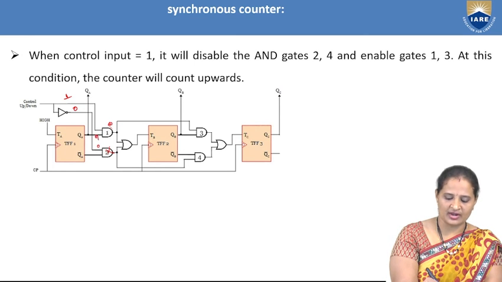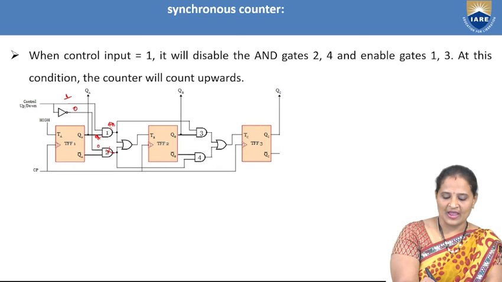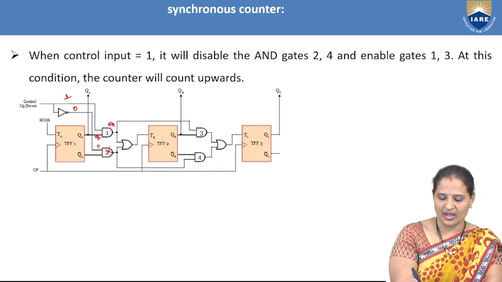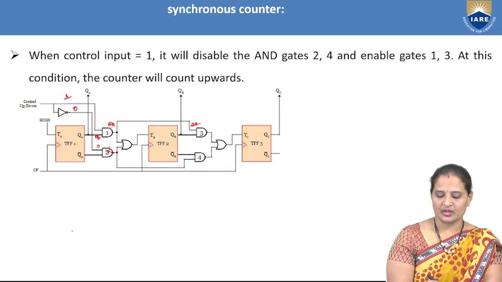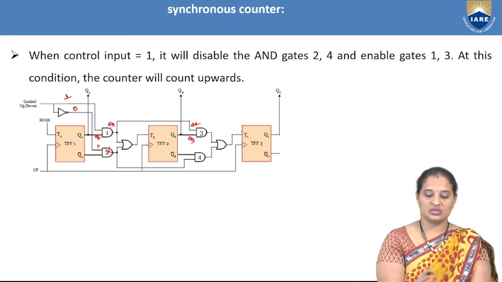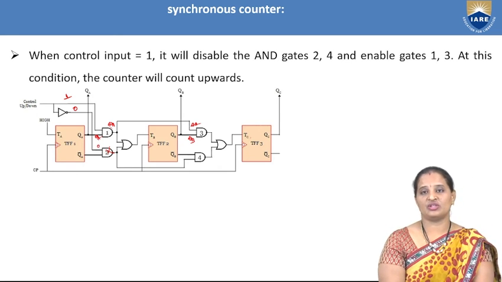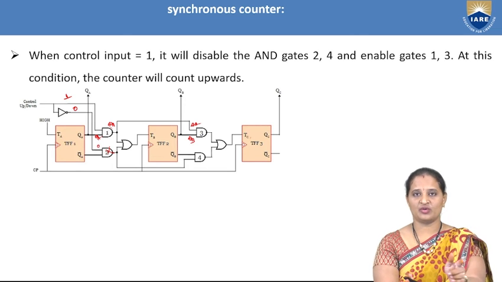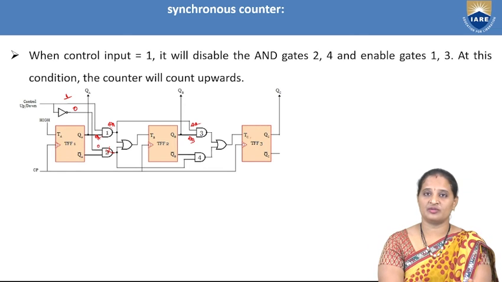We are getting QA, and this QA is applied as one of the inputs to this one. And here this is QB. So QA into QB is applied as input to the third flip-flop. So this is the operation.